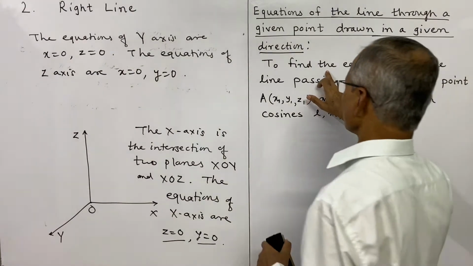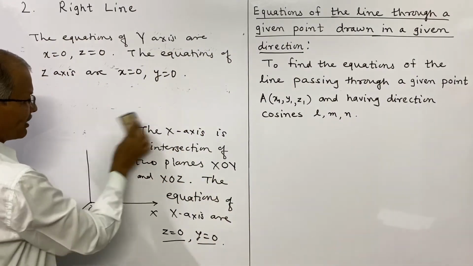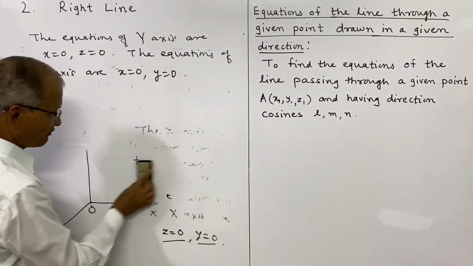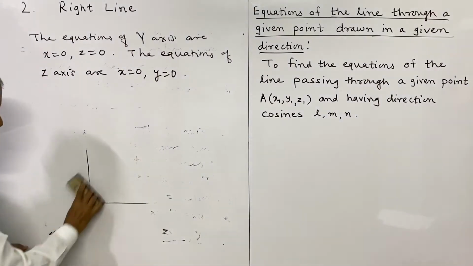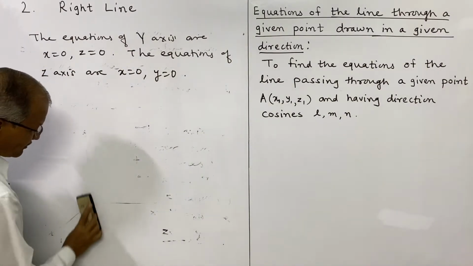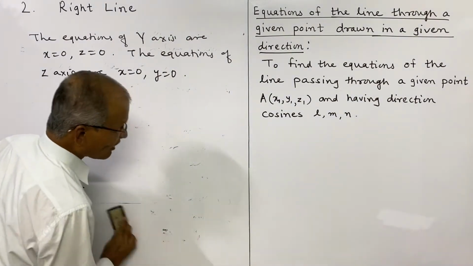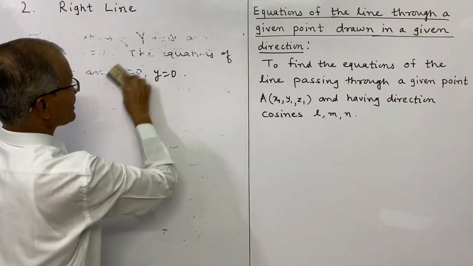We will find the equations of the line passing through the point x1 y1 z1, which we have denoted by A, and having direction cosines l, m, n. So we know the direction cosines are the cosines of angles made by the line with the positive x, y, z axes.